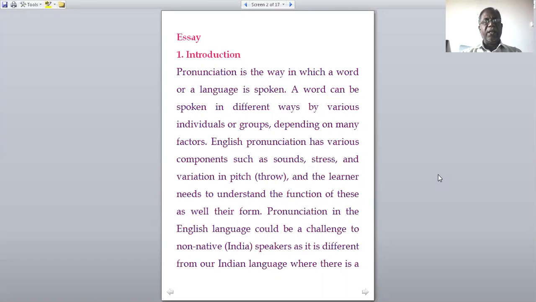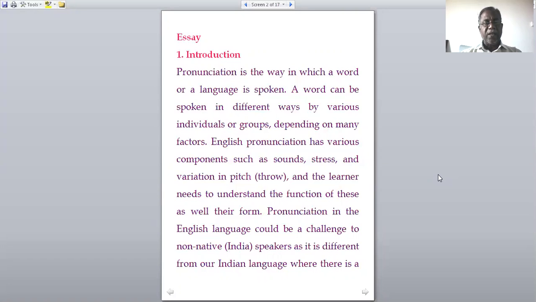Pronunciation is the way in which a word or a language is spoken. A word can be spoken in different ways by various individuals or groups depending on many factors. English pronunciation has various components such as sounds, stress, and variation in pitch, and the learner needs to understand the function of these as well as their form.